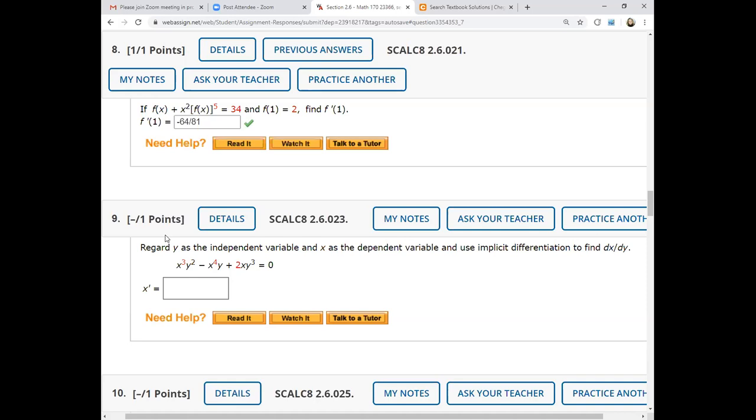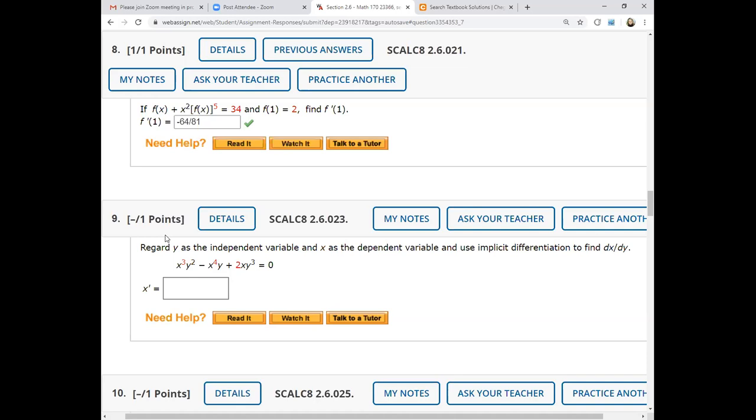The first term is x cubed y squared, and we want to find d dx of x cubed y squared. So our first function is x cubed, and our second function is y squared.